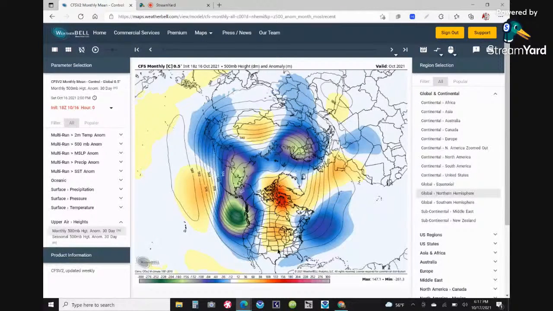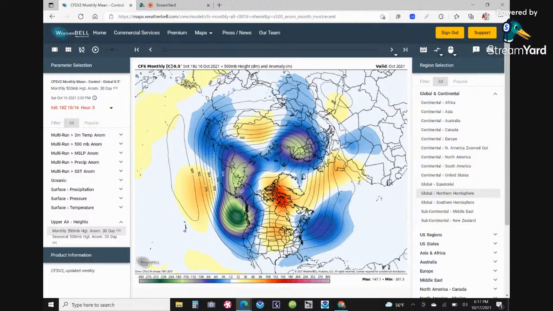Stronger positive in the central U.S. Still decent positive, decent blocking up here over Baffin Island. Negative still off the west coast.